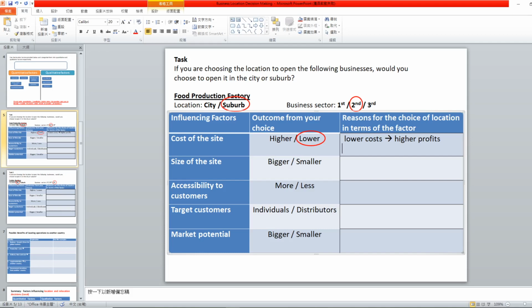Think about the factory, the nature of the factory. Chloe, any suggestion? Anyone?